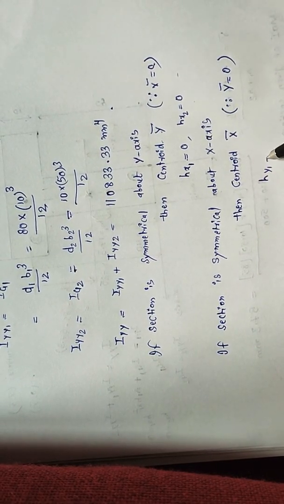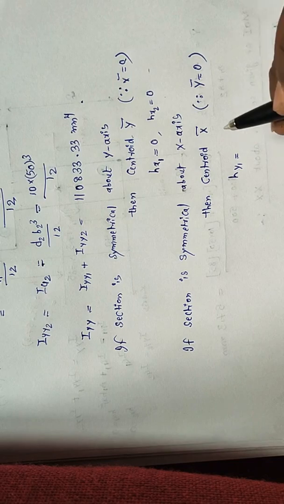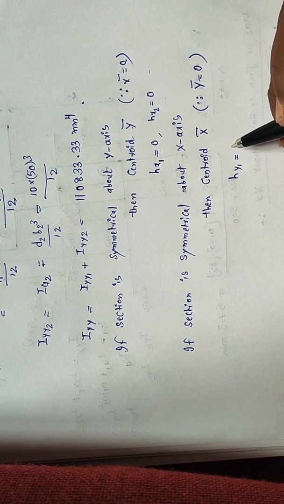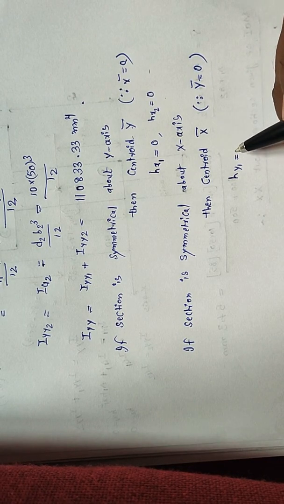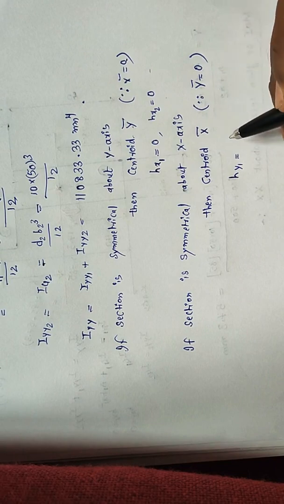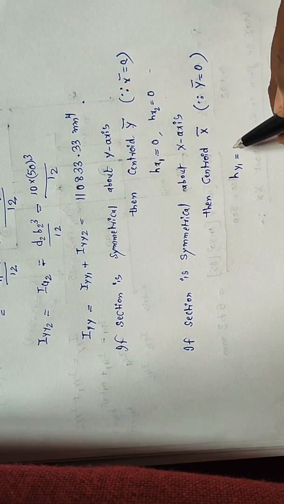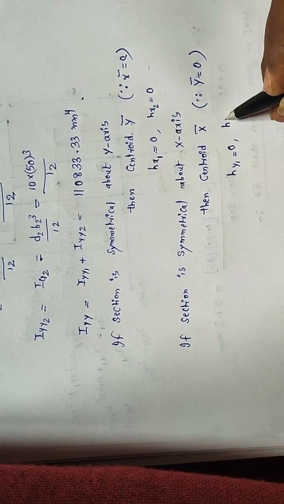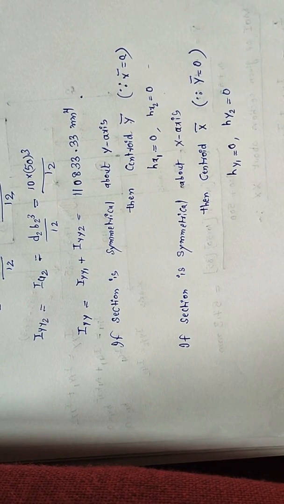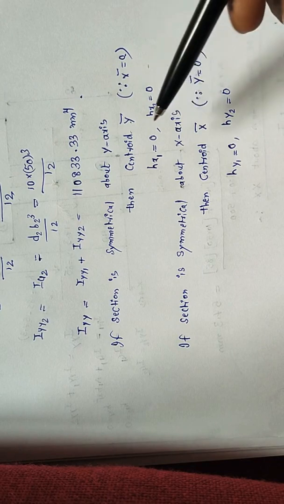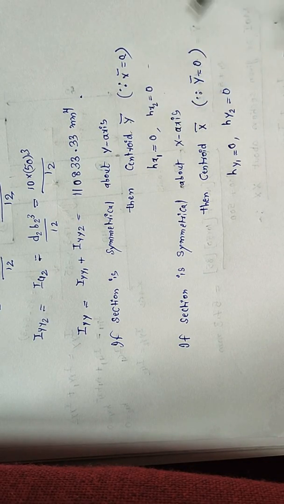And hy1, the distance between those two centroidal axes, that is composite section centroid and centroid of those particular elements, will become 0, that is hy1 equals 0 and hy2 will become 0. But you have to find hx1 and hx2. So whenever the section is symmetrical about x-axis. So these are the 2 points you have to remember for easy calculations.